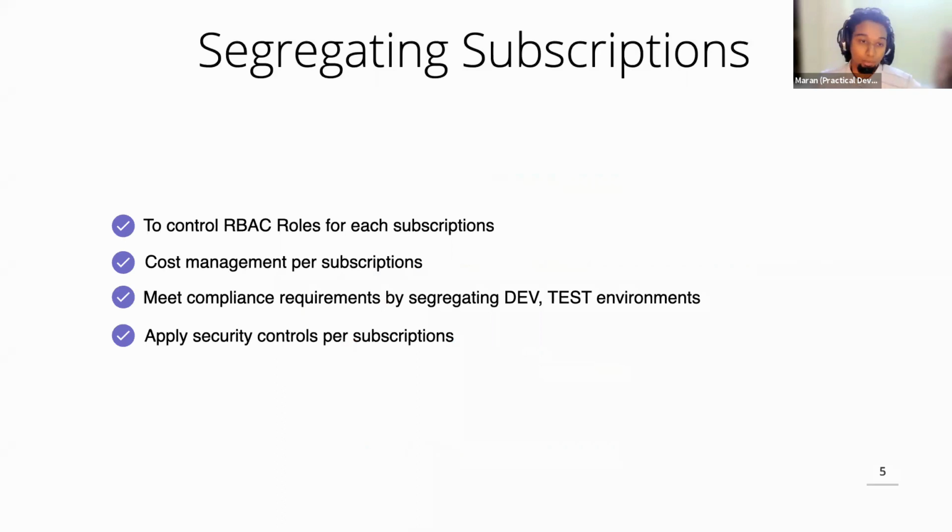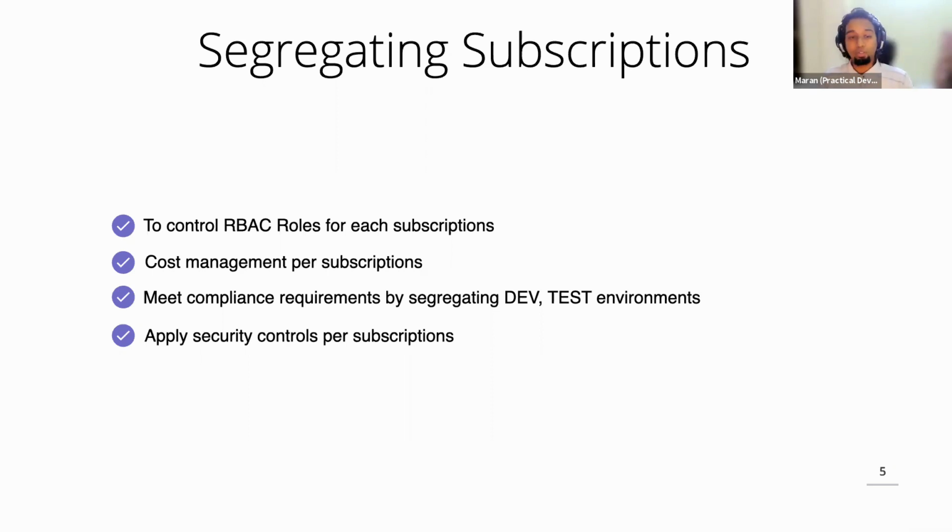And it makes sense, like we said before, you can control role-based access controls for individual subscriptions. And you can also manage costs per subscription and say, my development resources, even though some of them can be ephemeral in nature, temporary, some virtual machines can exist for 6 hours only, they're automatically provisioned by your Azure DevOps. And then once your functional test cases are done, those resources will then be deleted, or your resources will get deleted by end of the day.